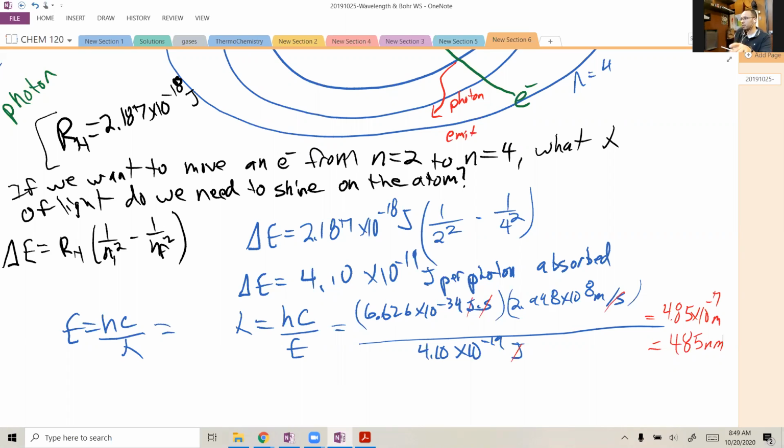Was there any other part about photons that you guys wanted to go over? So the units for wavelength is in nanometers? Wavelengths can be any type of length. You can have them in meters, kilometers, nanometers. It all depends on your scale, right?